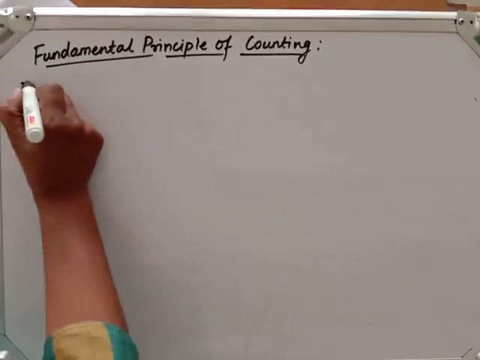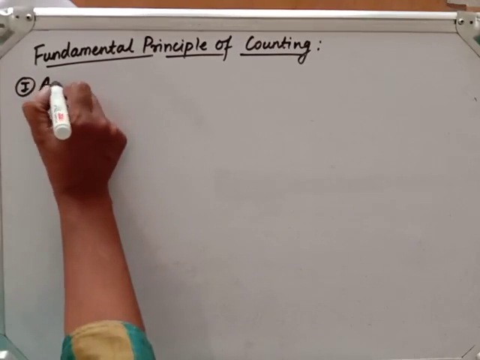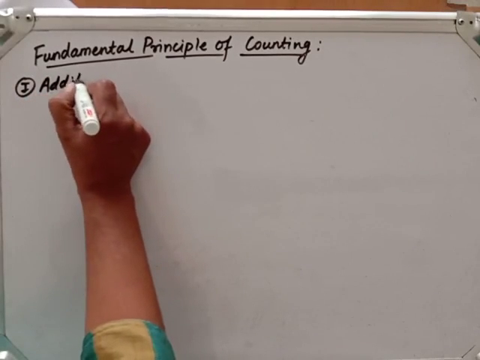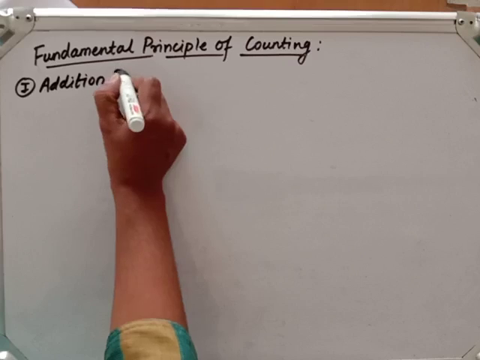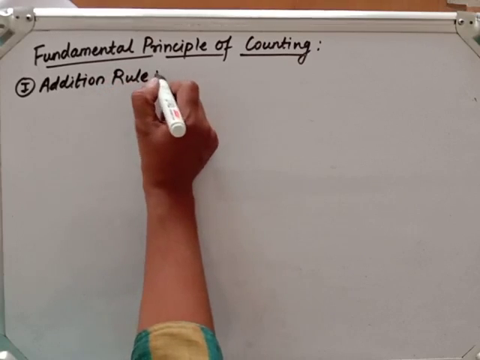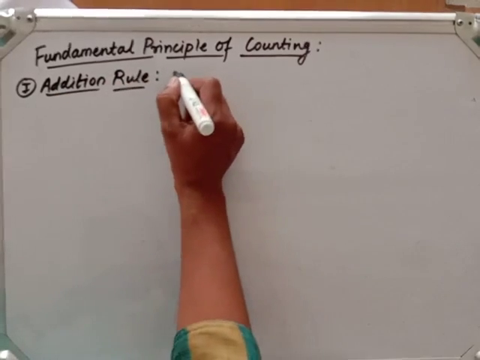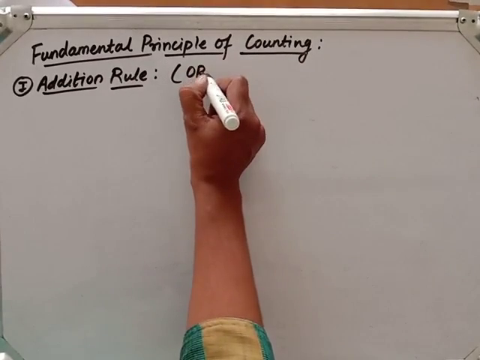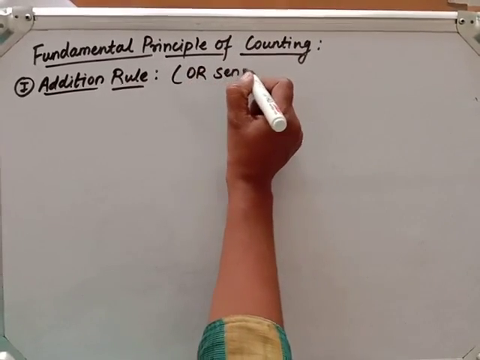The first rule is the addition rule. In the addition rule there is a sense of 'or'.